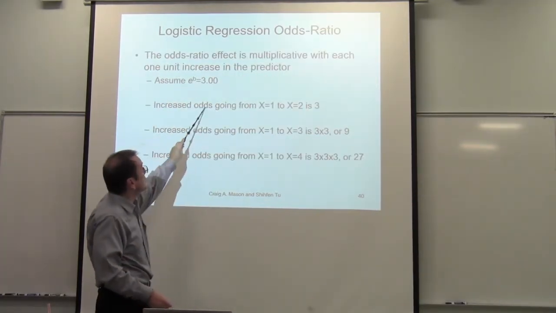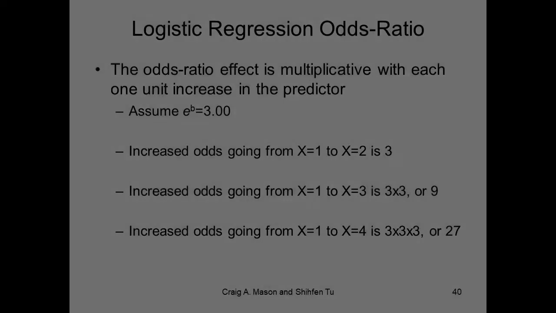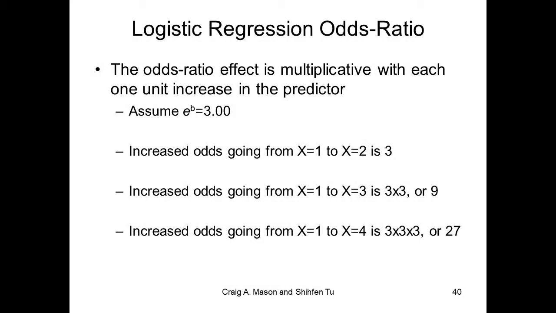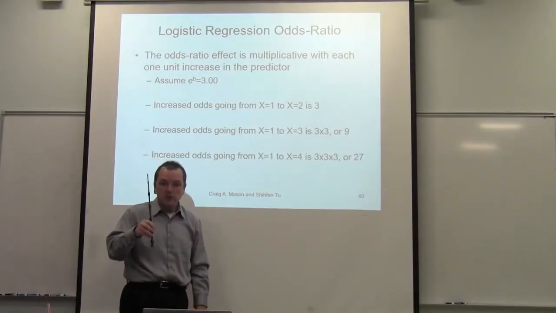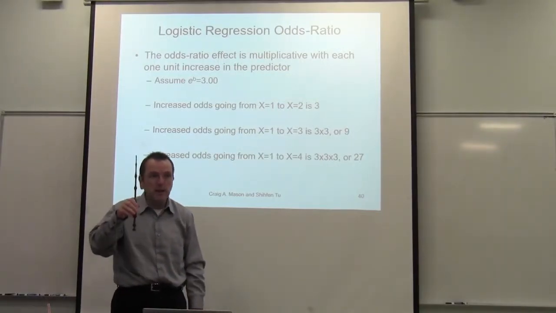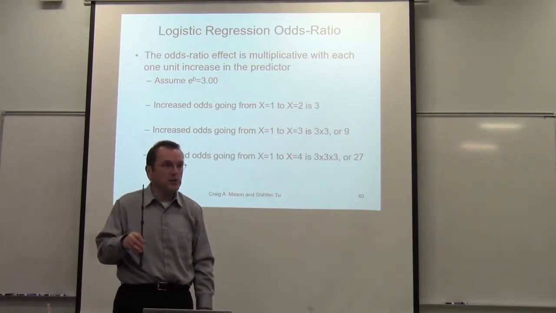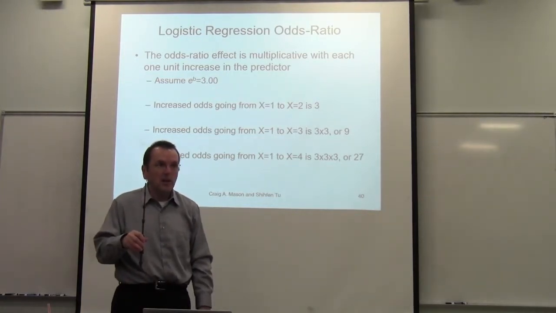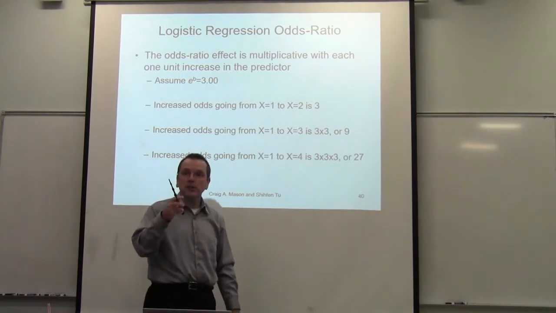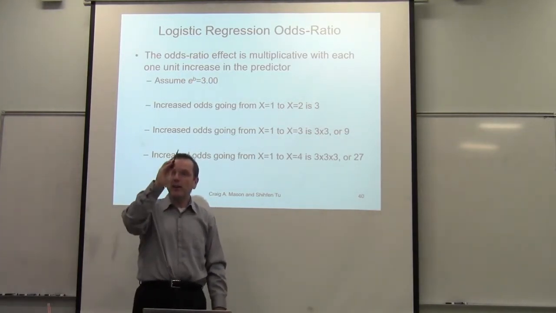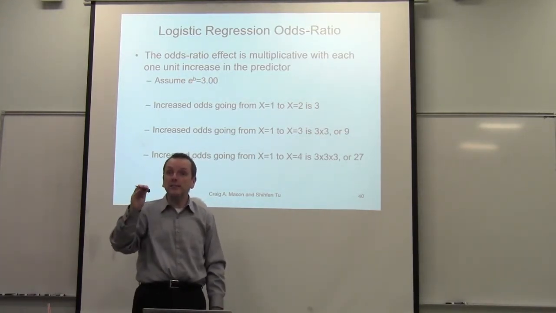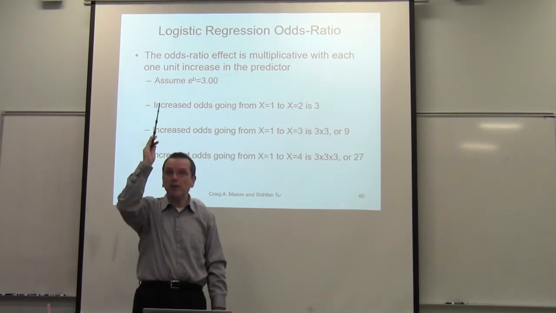The odds ratio, I should have put this slide earlier. What's fundamentally different with logistic regression is that the odds ratio effect is multiplicative. Notice in multiple regression, the B is the increase in whatever your outcome is.